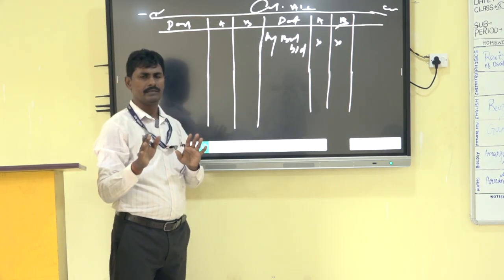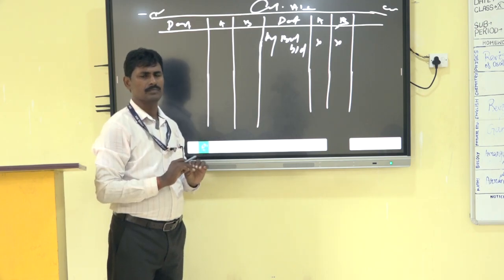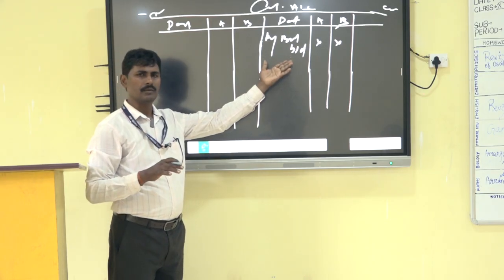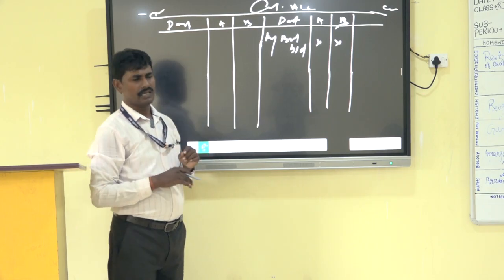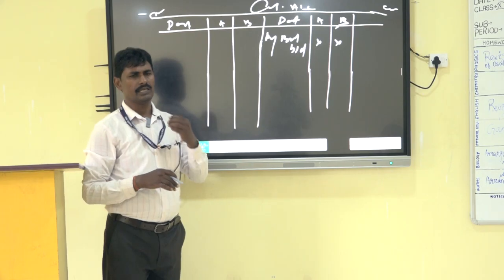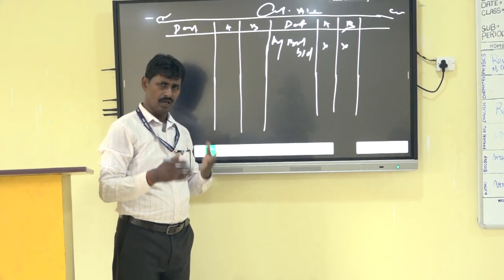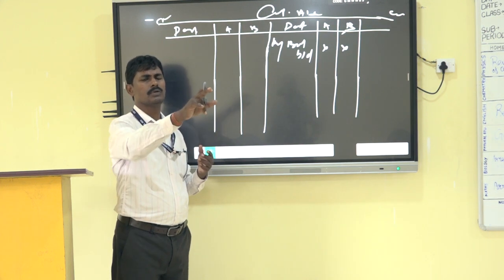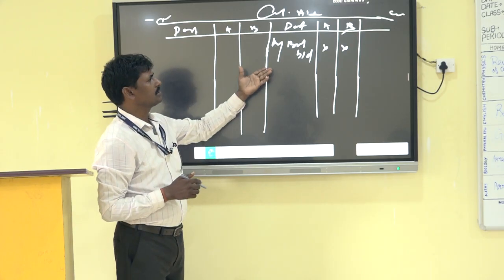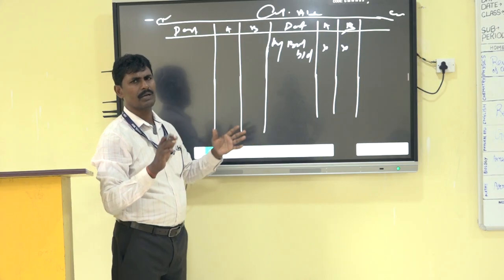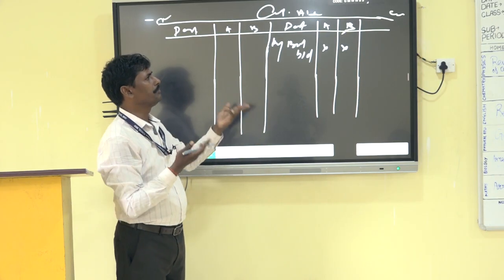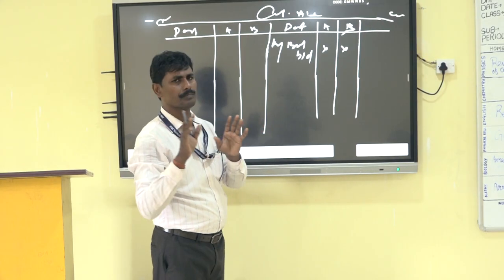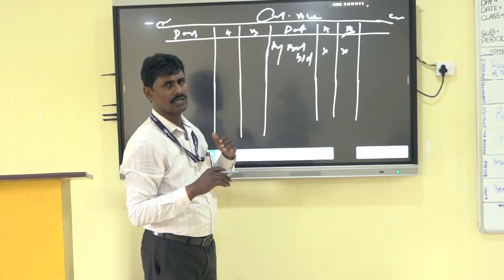Any types of benefit given by the partnership firm to the partner will be transferred to the credit side of the partners' capital account. What are the benefits? Salary will be received, bonus will also be received, interest on capital will also be received as per the agreed ratio, or any types of benefit given by the partnership firm to the partners. Clear? Whatever benefit the partners got, you have to write on the credit side. Just remember this fundamental, then how to prepare the capital account.